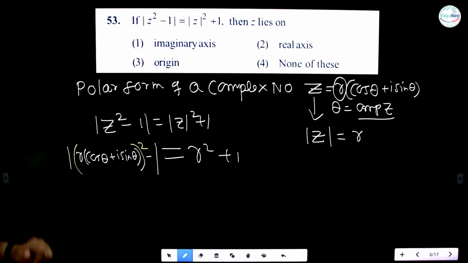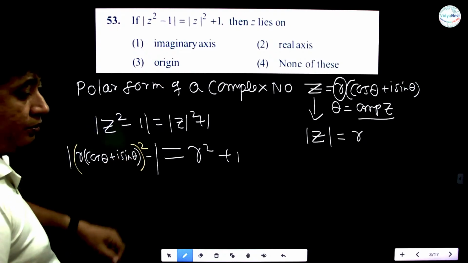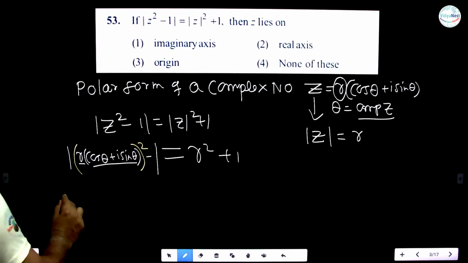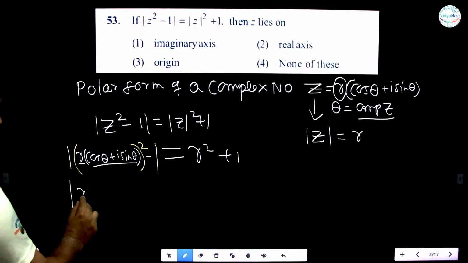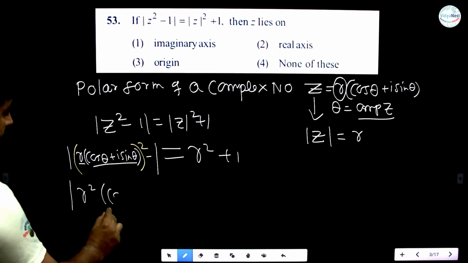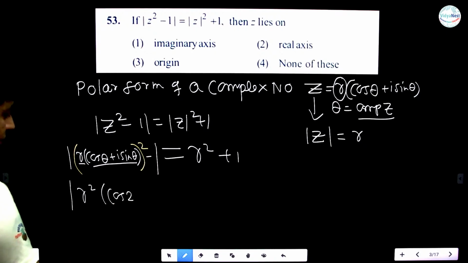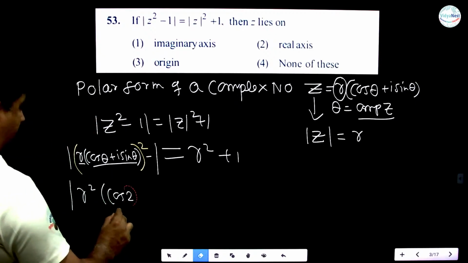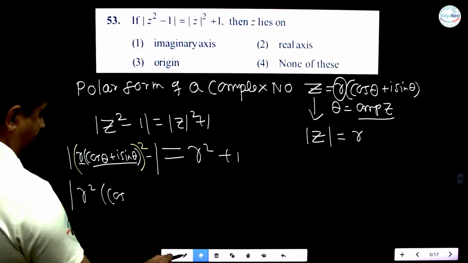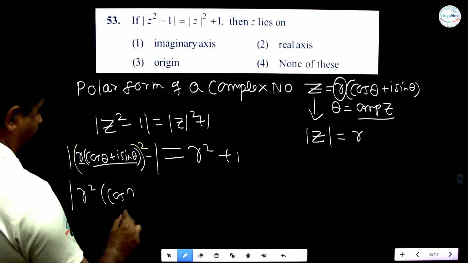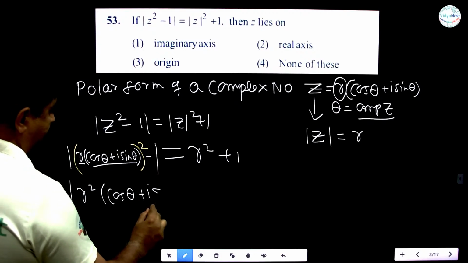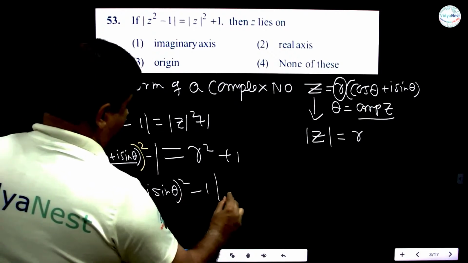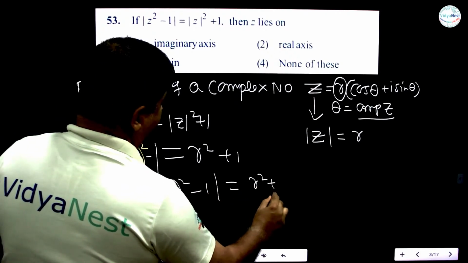What does it give us? This 2 is the power of this r as well as this. So I can write r square, cos theta plus i sin theta whole square, minus 1. The right hand side will remain unaltered.